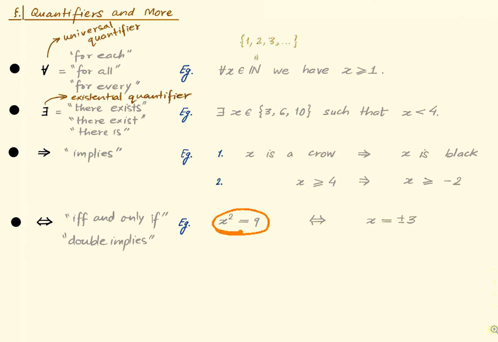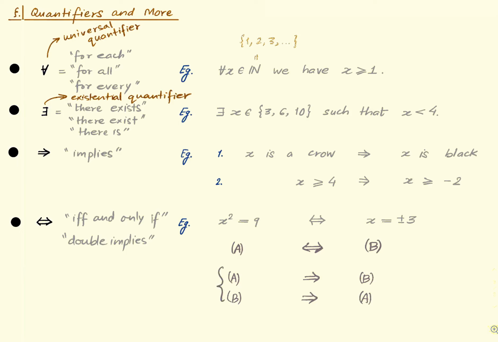And x squared equals 9 only if x equals plus or minus 3. So both statements are correct, and this just writes both of them in one shot. In other words, whenever you have some mathematical statement A, this symbol, and some mathematical statement B, this is exactly the same as saying A implies B and B implies A.